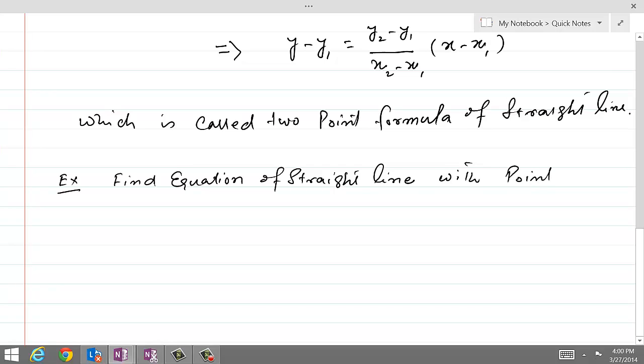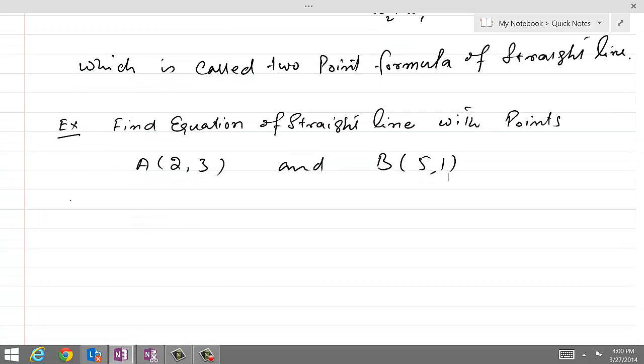There are 2 points on the straight line which are given, let's call point A as (2, 3) and another point B as (5, 1).